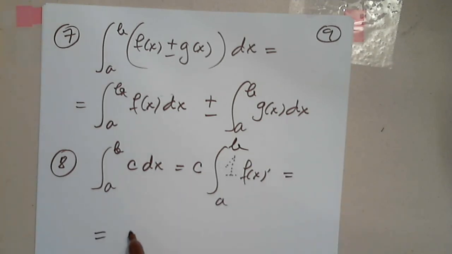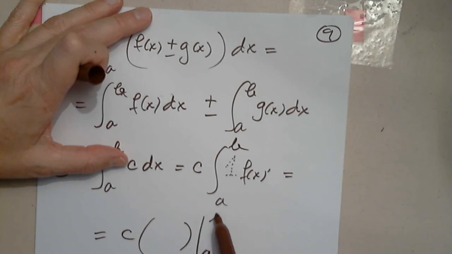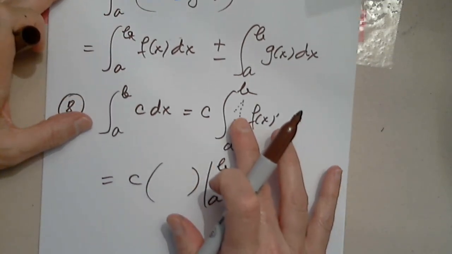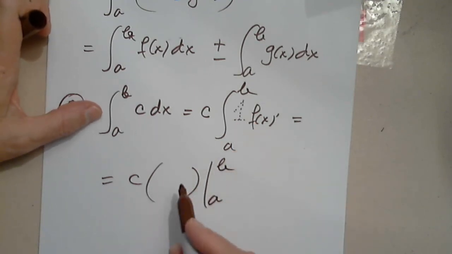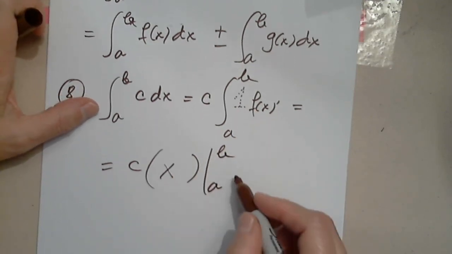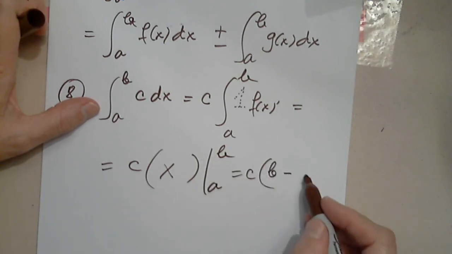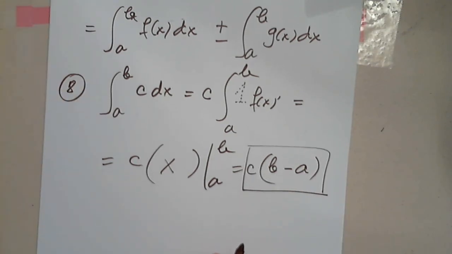And now the question is, what function's derivative is 1? Yes, it is x, of course. So this is c, I plug in b, minus when I plug in a, and this is it. Any questions so far?